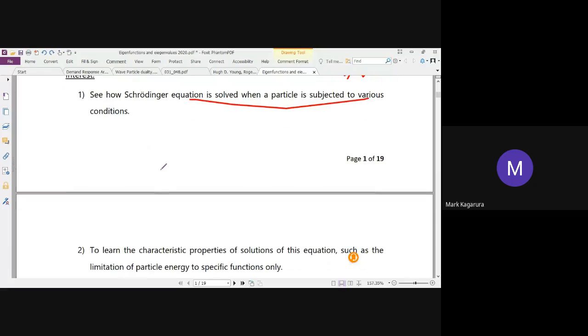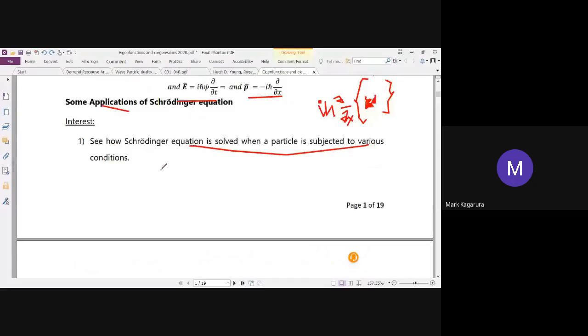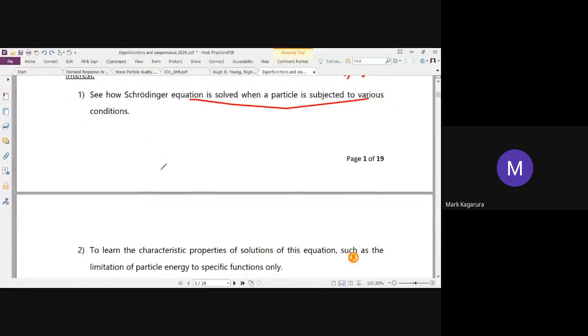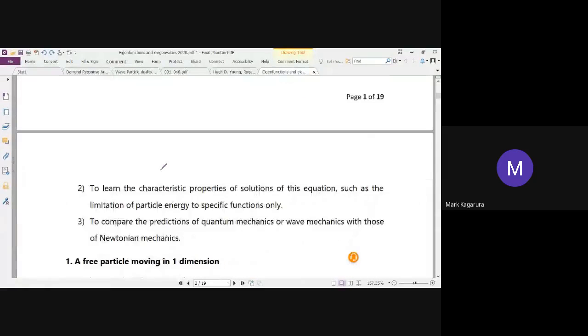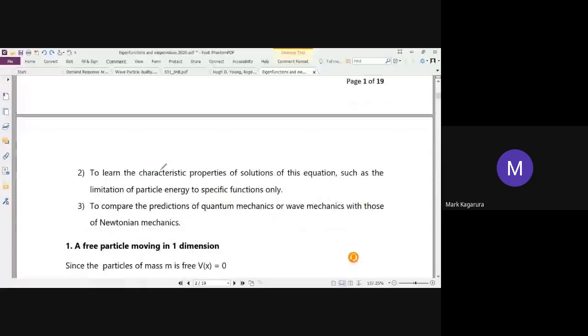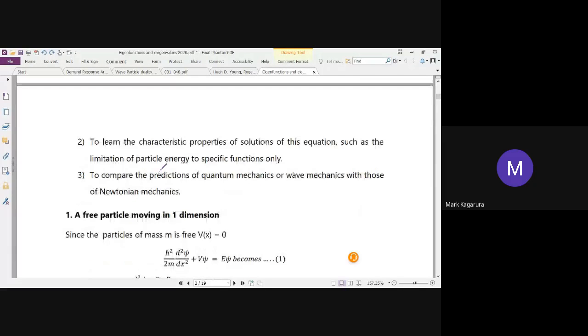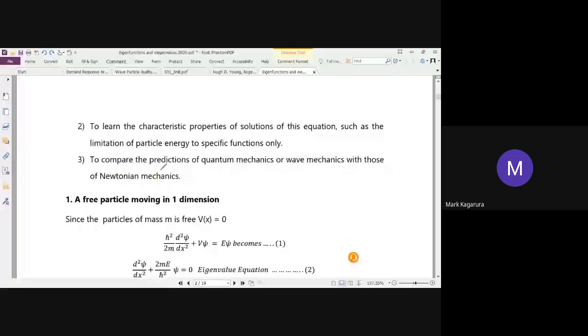That is why we need this bit, the solutions, to see how the Schrödinger equation is solved. Then we need to learn the characteristic properties of solutions of this equation, and we need to compare predictions of quantum mechanics, or wave mechanics, to those of Newtonian mechanics.